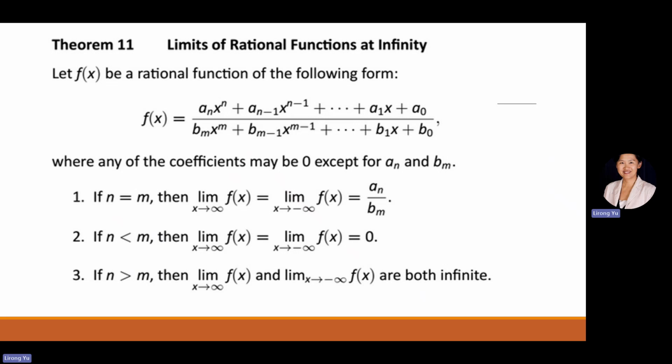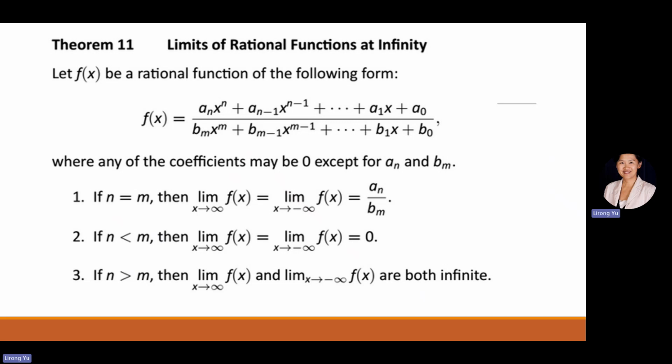This is the abstract way to say that we have one polynomial over another polynomial, and then you look at the degree. Each polynomial has multiple power functions. We put the highest power in the front, and we consider that power as the degree of the polynomial. So the degree of the polynomial will really affect the limit.